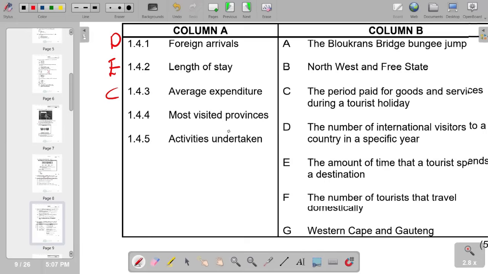Number 4, most visited provinces: Western Cape and Gauteng. So we have G as most appropriate. The activities undertaken, we check now in terms of activities undertaken.